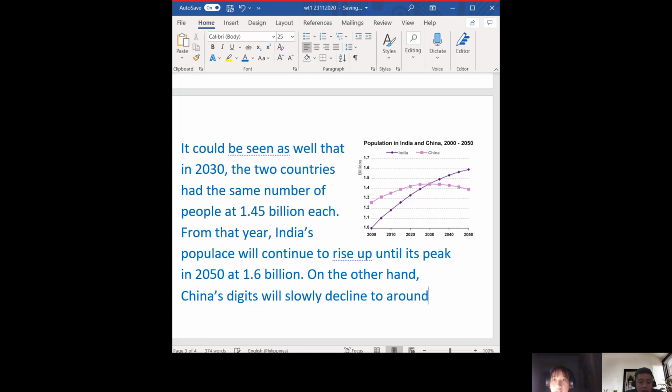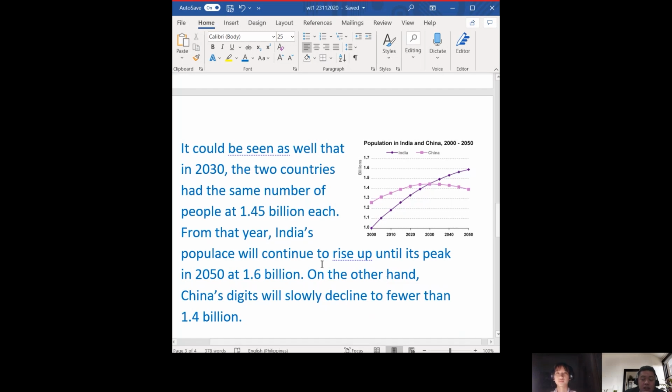Around... China to fewer than 1.4 billion. Okay. Got it? Yes.